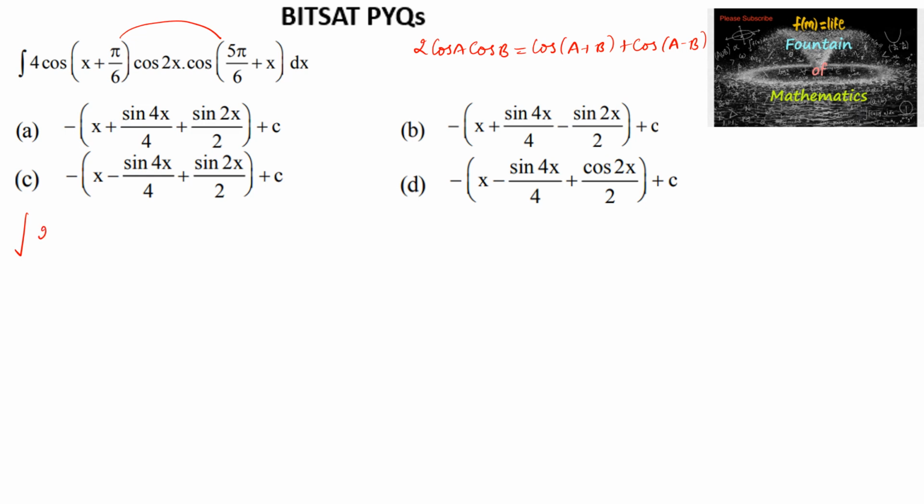So we can write integral 2 times cos 2x into 2 cos of x plus pi by 6 into cos of x plus 5 pi by 6.